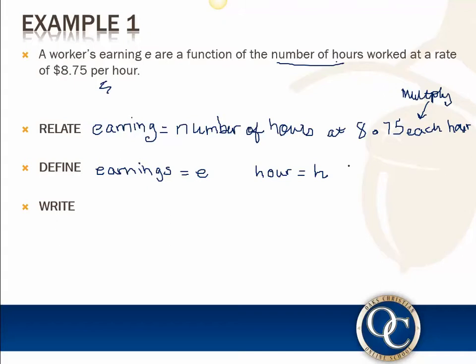So I'm going to say my total earnings is going to be equal to $8.75 H for each hour. E equals 8.75 H. And voila, we're done.